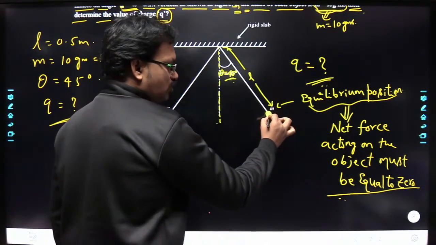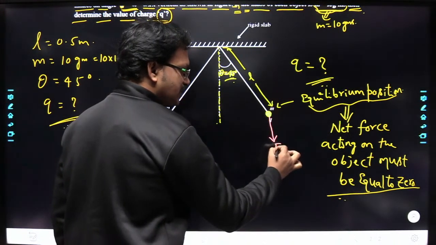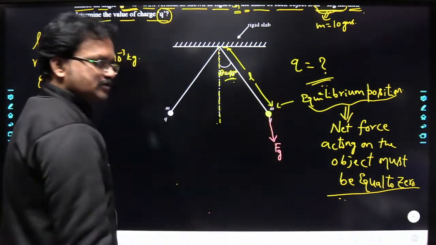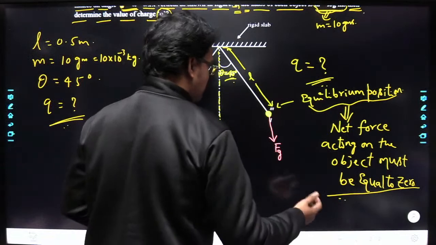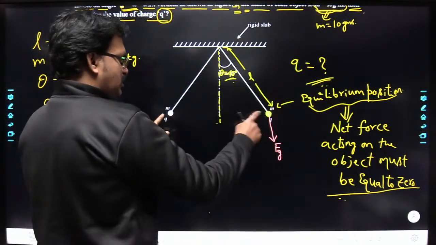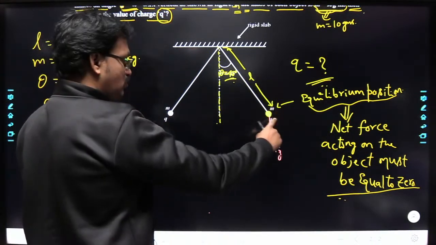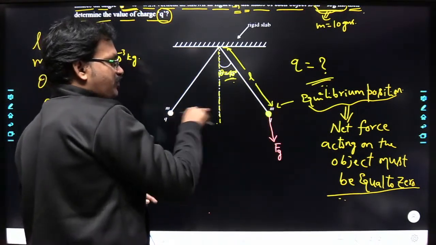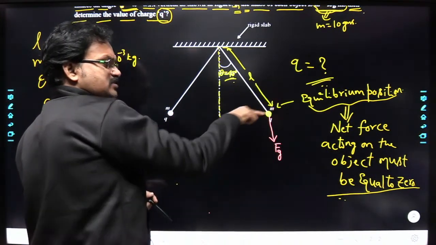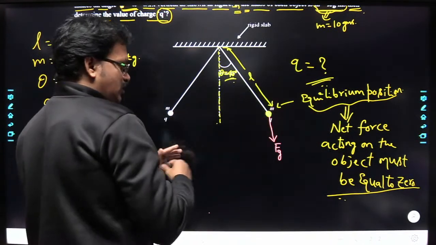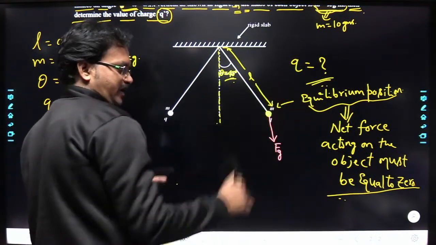In the downward direction, the force that is acting is the gravitational field force, right? Next, what is the other force that is acting here? See, these two are repelling one another. This charge will try to repel this charge in this direction because both are repelling each other. So the electric force will be in this direction, right?